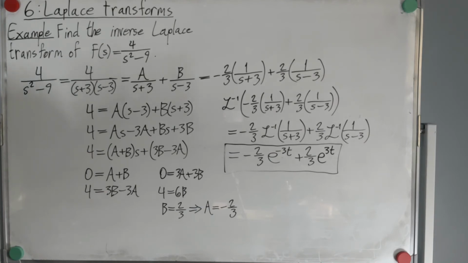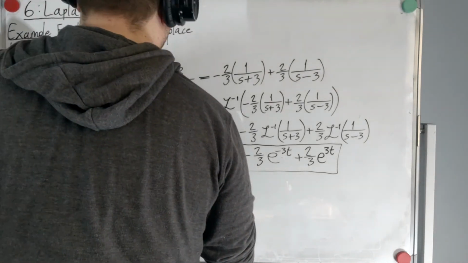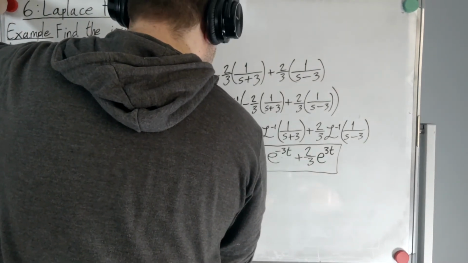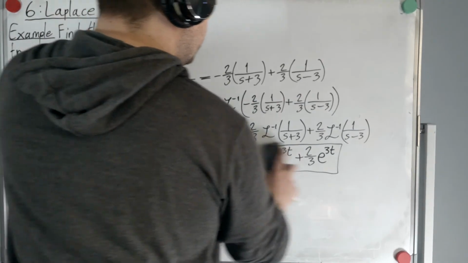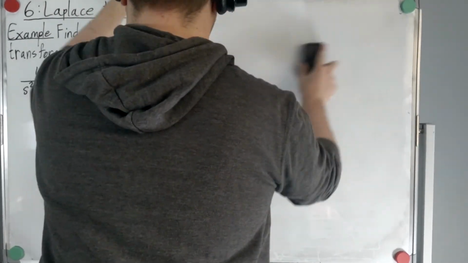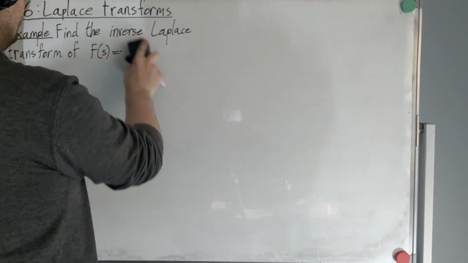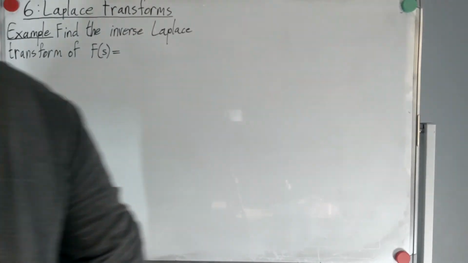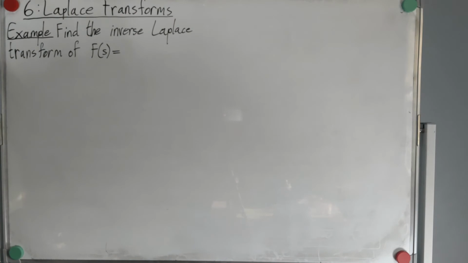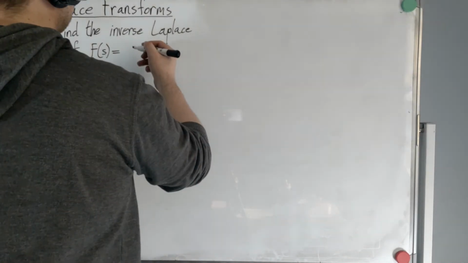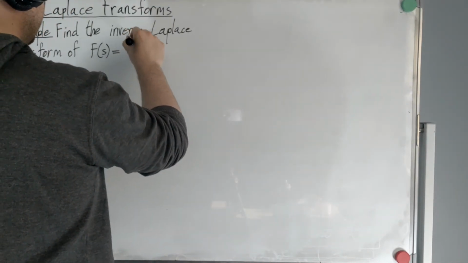Why don't we do just one more example of finding the inverse Laplace transform, because ultimately it almost always comes down to using partial fractions. Well, I guess I shouldn't speak too soon.